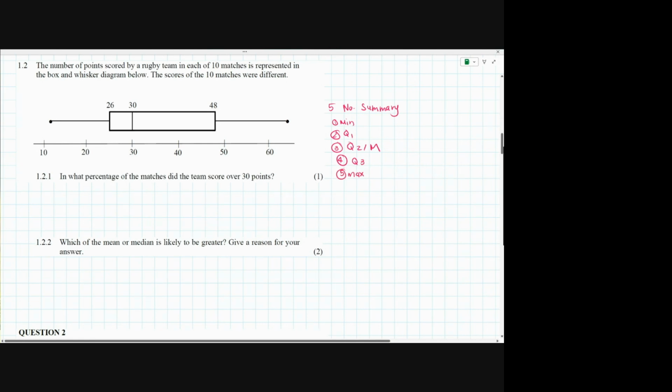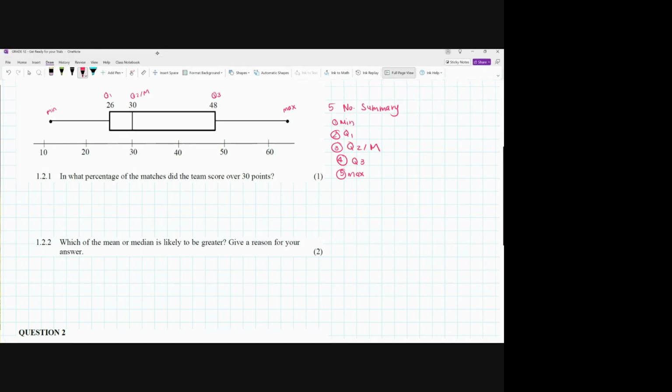Those are the 5 numbers that we use when we go and draw a box and whisker. So that means that this value over here represents my minimum, Q1, Q2 or my median, Q3, and my maximum. Right, now what we need to remember is that Q1, Q2, Q3 are our quartiles.